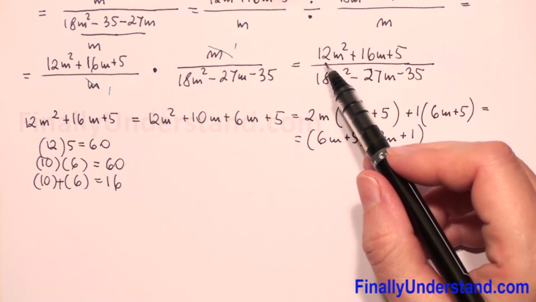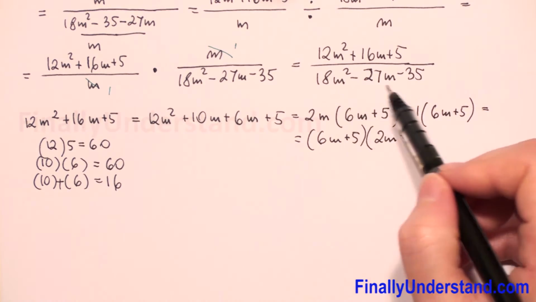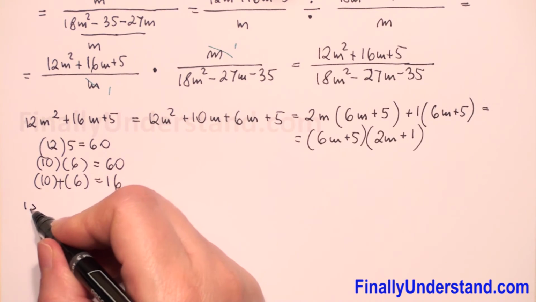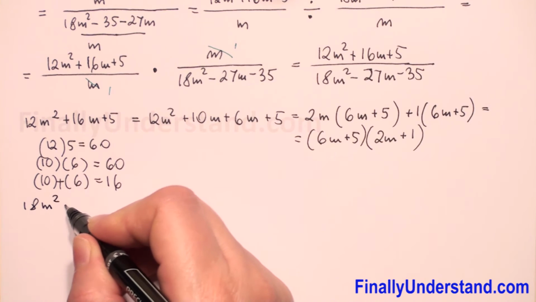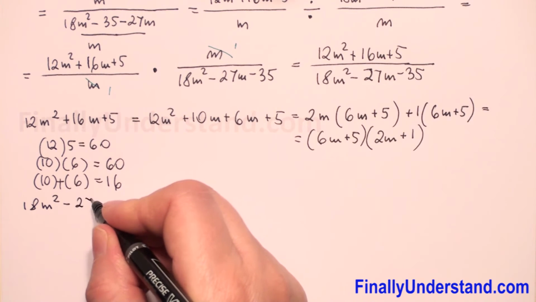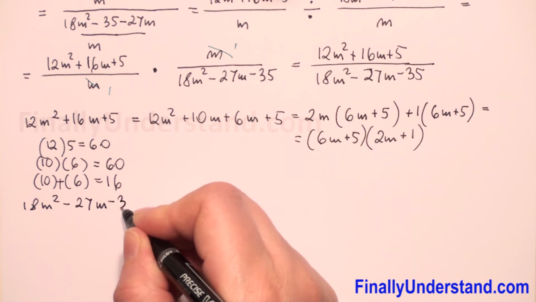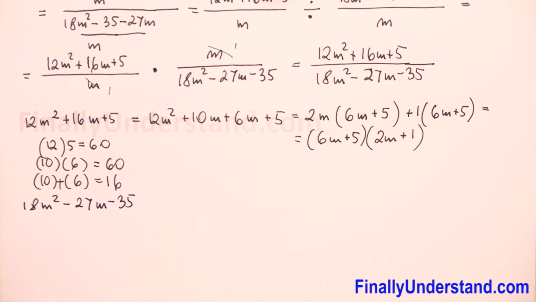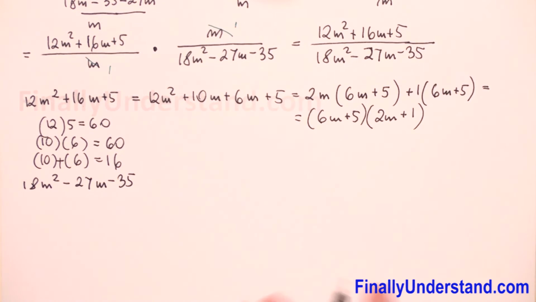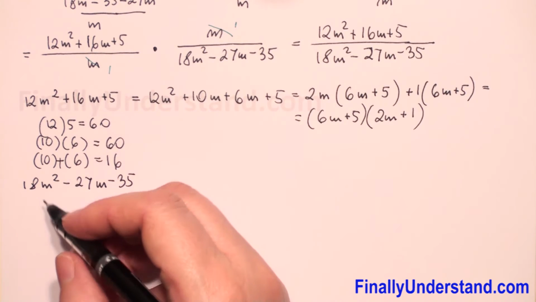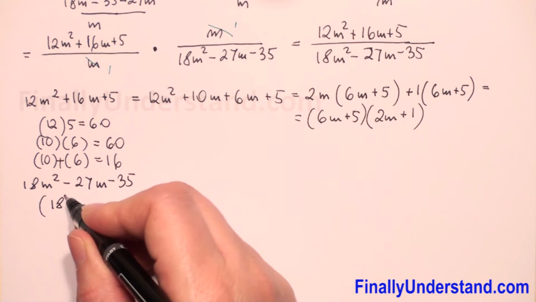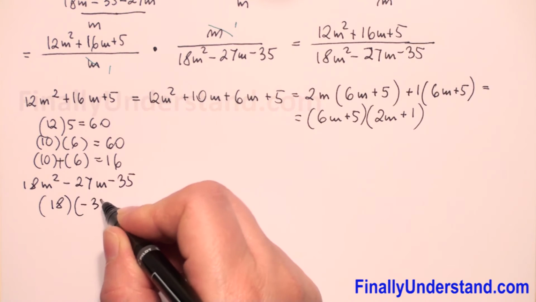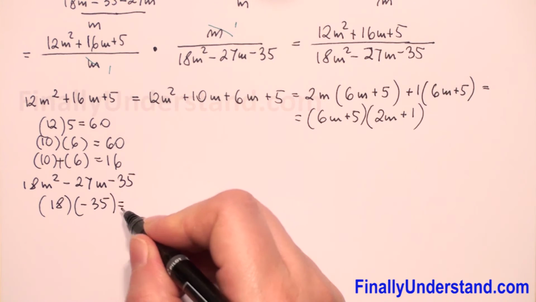So we factorized the numerator. The same we have to try to do with the denominator. We have a quadratic trinomial, so we will have to try to use the grouping method. This is the easiest way in my opinion. First I have to multiply the coefficient before m squared times the constant.